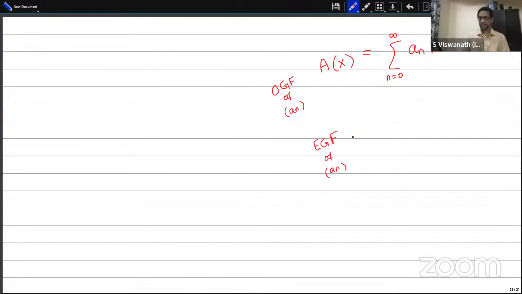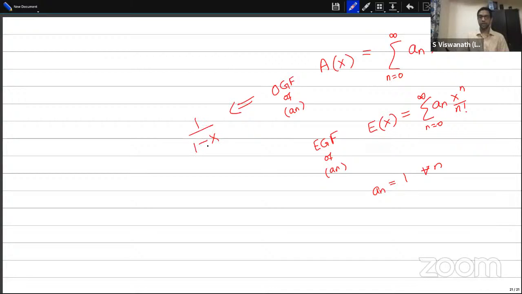So there's something called the exponential generating function, which is the following. You take an x power n by n factorial. So this is sort of supposed to remind you of the exponential function. If the an is just a sequence of ones, then the ordinary generating function, as we saw, is the geometric series.